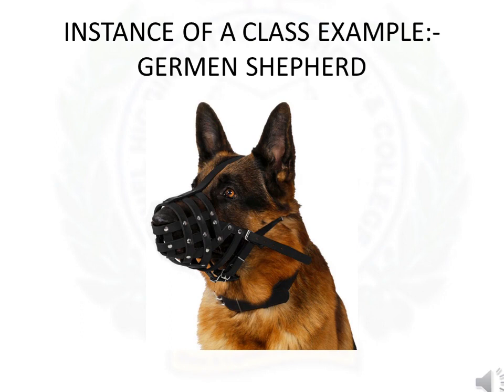That is, this is German Shepherd, then Pomeranian, then shepherd dog, and so many dog varieties are there. These are the objects coming under the class dog. So this is the example of instance of a class.